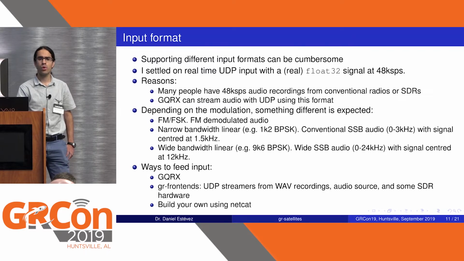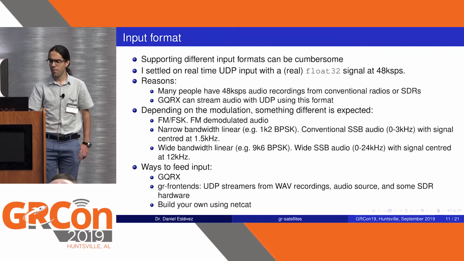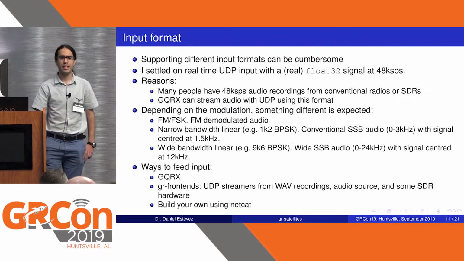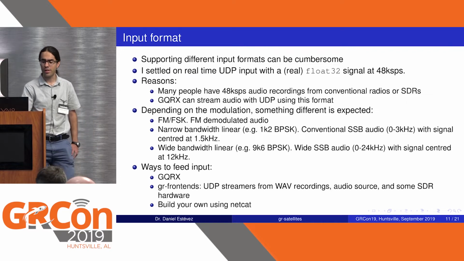And also many people have recordings taken from conventional radios using the audio sound card on the computer in this format. So depending on the modulation of the satellite, something different is expected as this kind of audio signal that you input into the decoder. If it's an FM or FSK signal, you need FM demodulated audio. So the kind of audio you would get from setting your ICOM or Yaesu or Kenwood radio in FM mode.